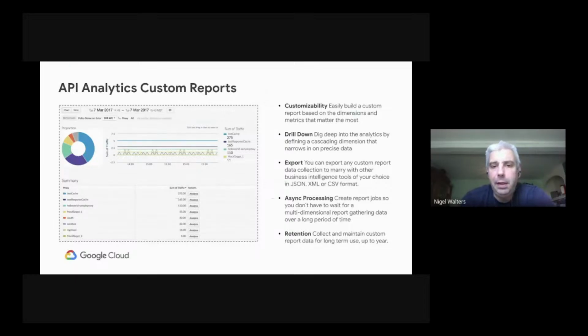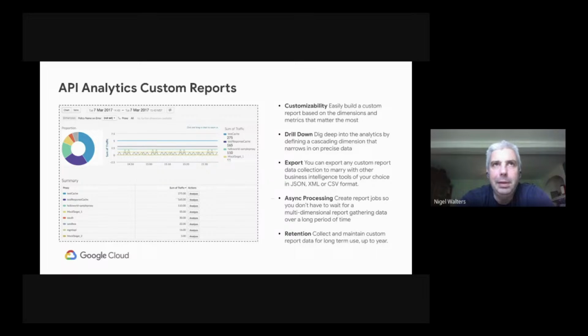In terms of the custom reports, it gives you a customizable mechanism. Essentially, you can go in and define the metrics and dimensions, including any custom analytics fields that you've specified that you want included in those reports. We've got the ability for you to do drill downs and cascades, so you can drill into deeper layers of the actual analytics data.